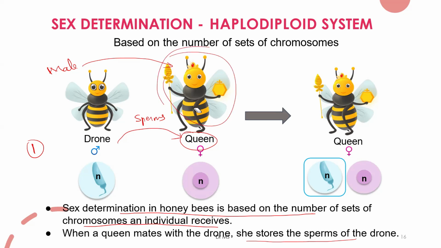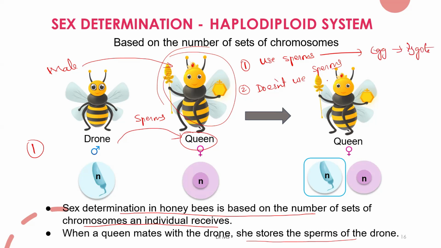She will store the sperms. If she needs to use those sperms, she will use them. If she doesn't need those sperms, she will not use them. So based on that, two conditions are there. First condition, use sperms. Second condition, doesn't use sperms. The first case is the queen will use the sperms to fertilize her egg and form the zygote.